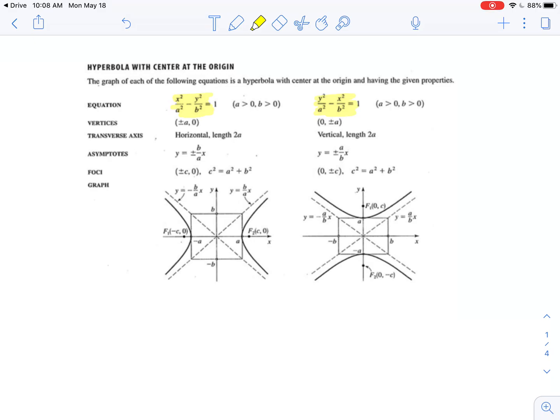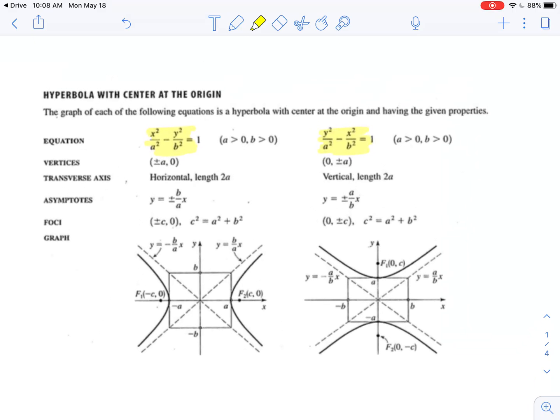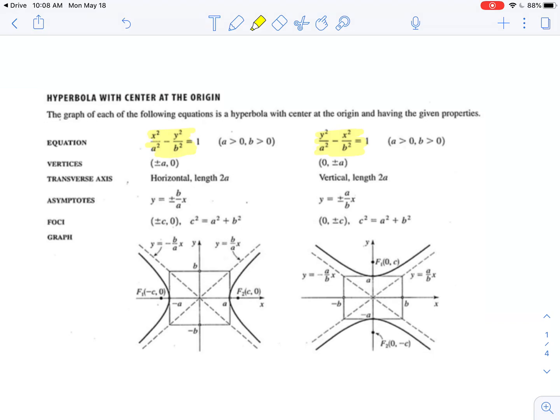With a hyperbola, you're looking at the first fraction in the equation. So if I'm looking here, since x squared is first, I know I'm going to be horizontal. Since y squared is first, I'm going to be vertical.